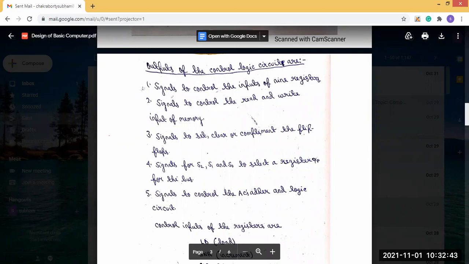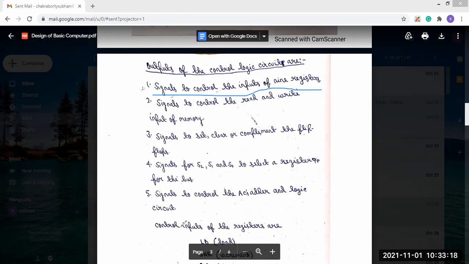Now we will see a brief description of how to control the signals generated to control the input of the 9 registers. First we will see the signals to control the input of the 9 registers. What are the control inputs of the registers?